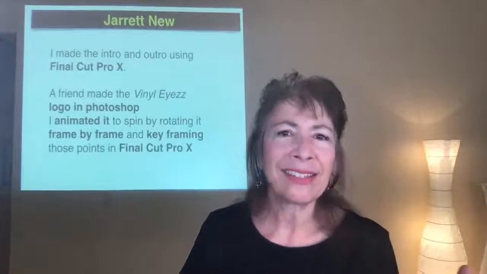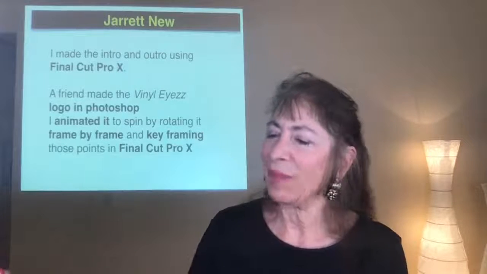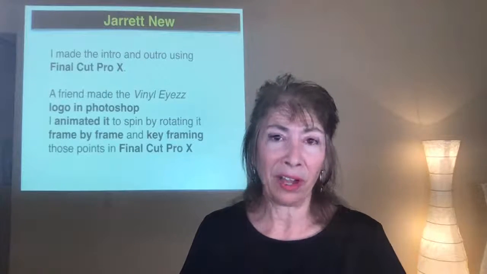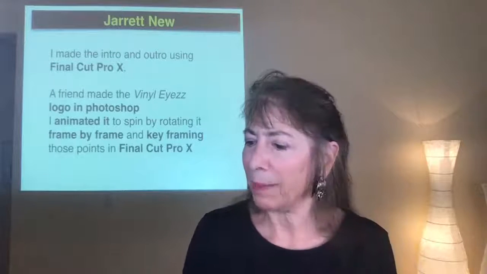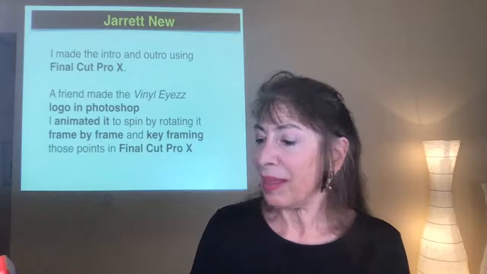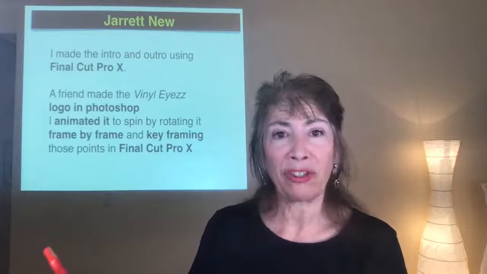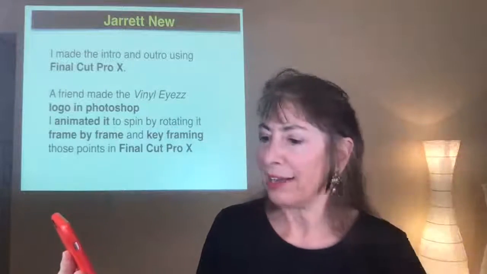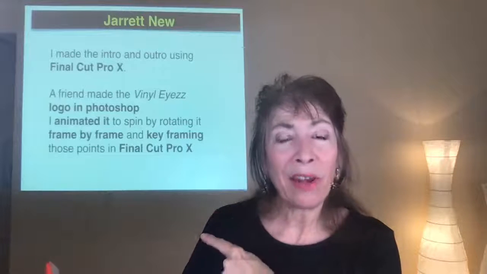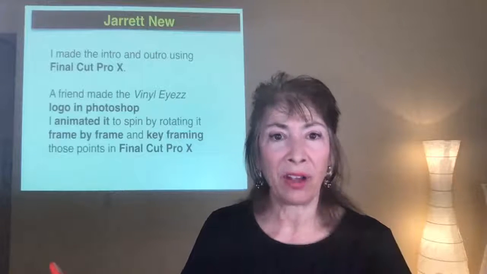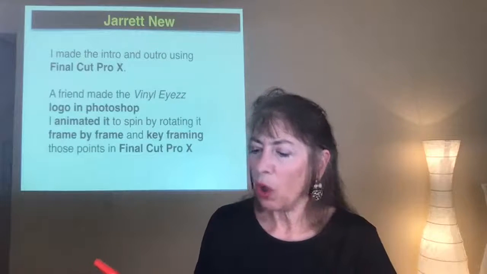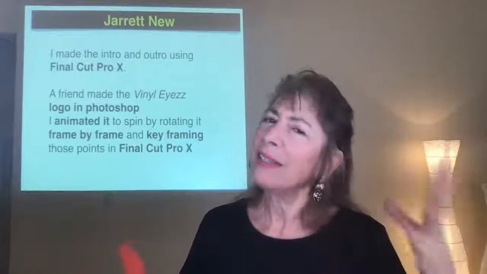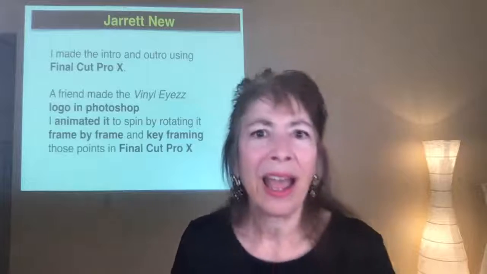And I did ask him, so how did you do this? And what he said to me was he made his intro himself in Final Cut, which is what I'm using, Final Cut Pro 10. And a friend of his made the vinylized logo in Photoshop, the record with vinyl eyes on it. And then he animated it in Final Cut by doing what's called frame by frame keyframing. And this is very sophisticated editing.